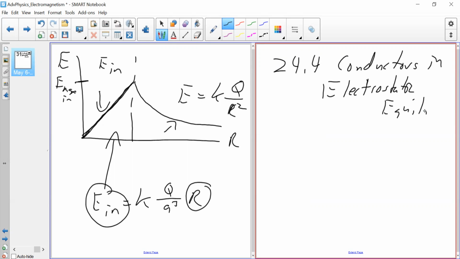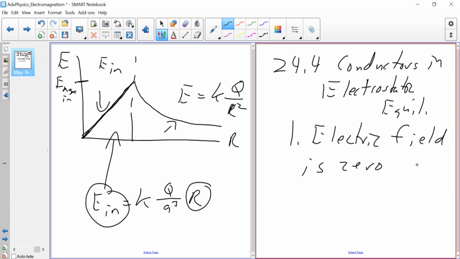Basically, the charges don't move. Well, in order for that to happen, the little charges that make up the big charge, nothing moves. It's static. The electric field is 0 everywhere inside the conductor.